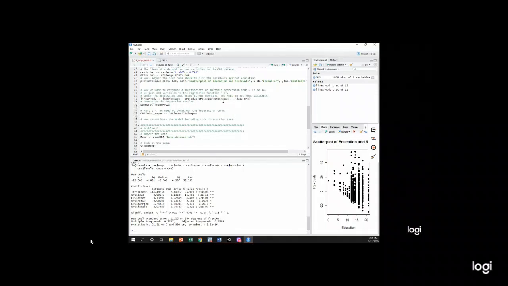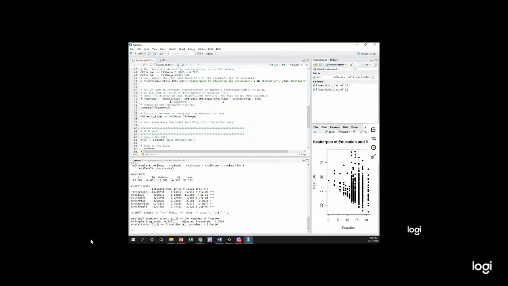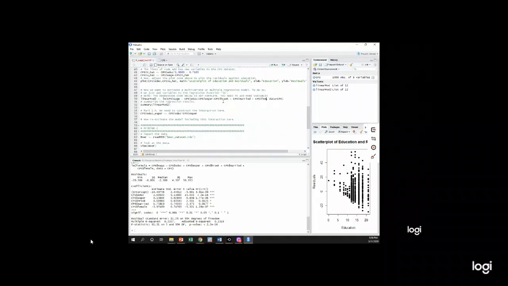All we have to do is add them. So CPS data, dollar sign gives us what variable we want, and then tab gives me the list of variables. I'm going to add married, and go to the CPS data, tab it, married, female. How about that? Female. So I should be able to run this.